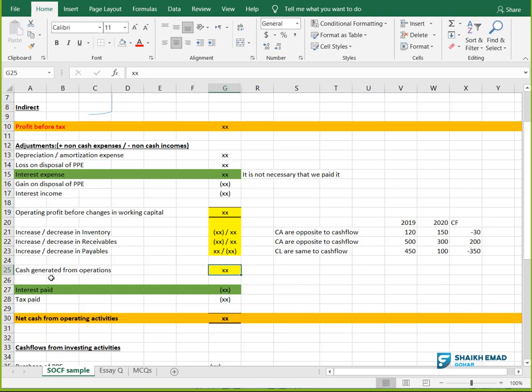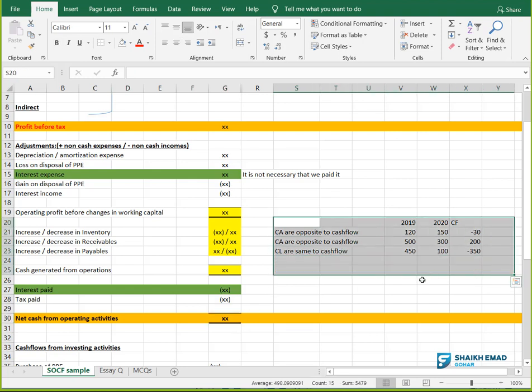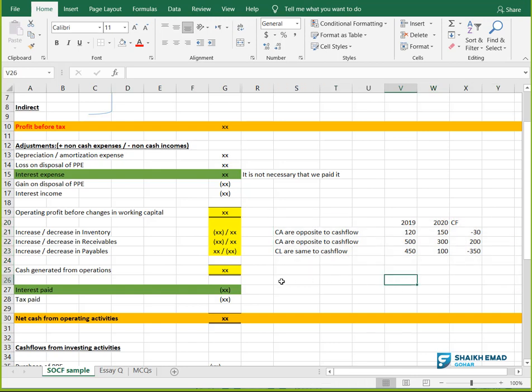After cash generated from operations, you need to deduct two things, which is interest paid and tax paid. Finally you will get your answer from operating activities. This I have already explained in the previous video, so I am not explaining again. If you have any confusion, please go back and watch that video.